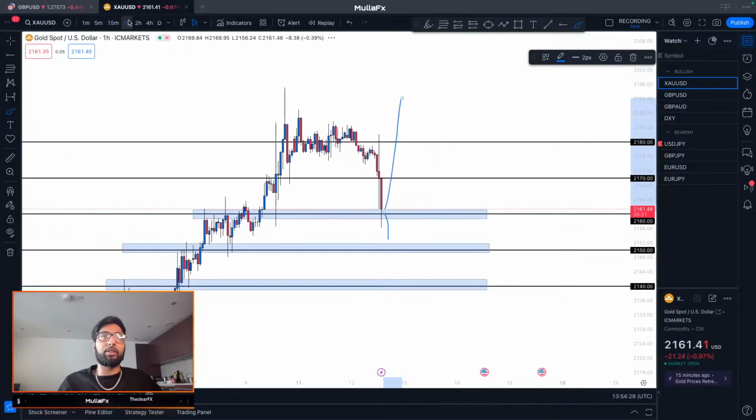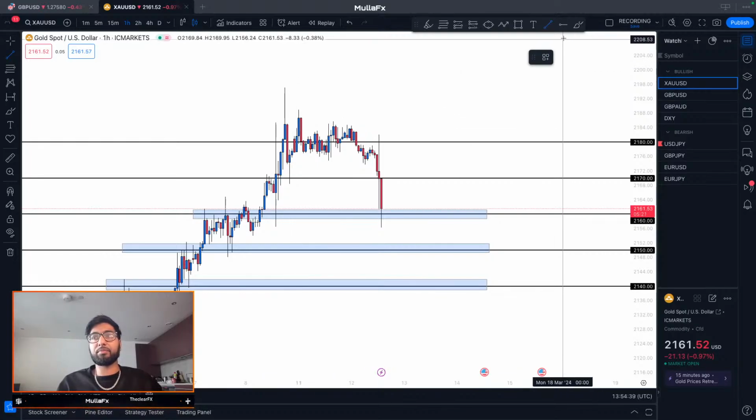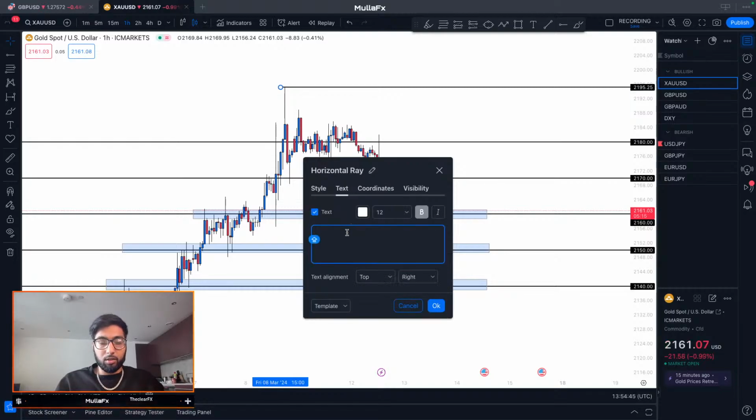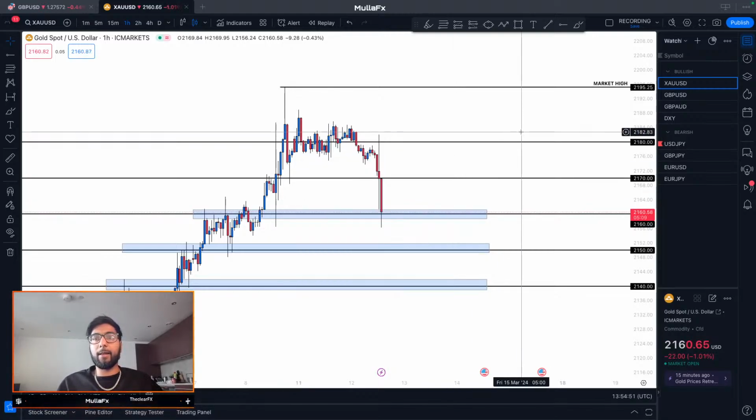So what I would actually do, if I'm trying to mark this area, right? If price breaks this high, I'll put this as market high at the moment. Text, market high. It's in white. Let me put it in black. Market high right there. Okay.